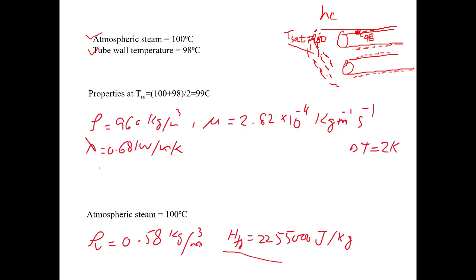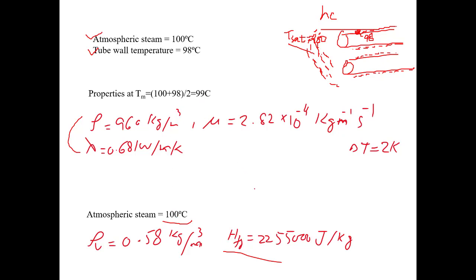So please remember that when you are talking about normal properties, you are using a midpoint temperature, but when you are looking at the properties of the steam or the condensing fluid, you are going to use T saturation and not the midpoint temperature. Okay, because these systems are at 100 degrees centigrade, not at 99 degrees centigrade.